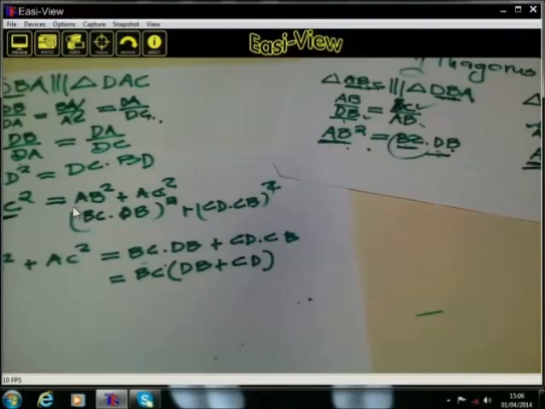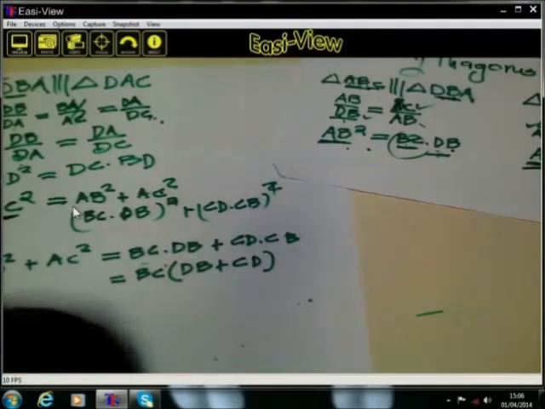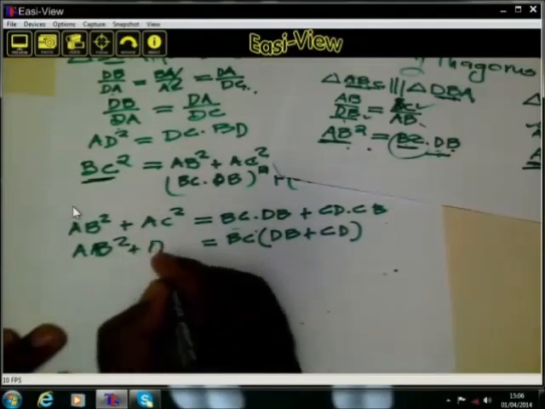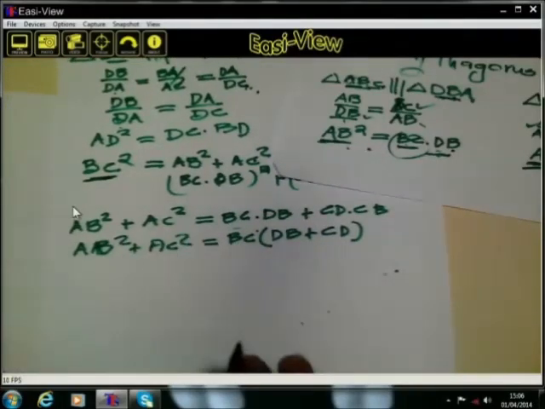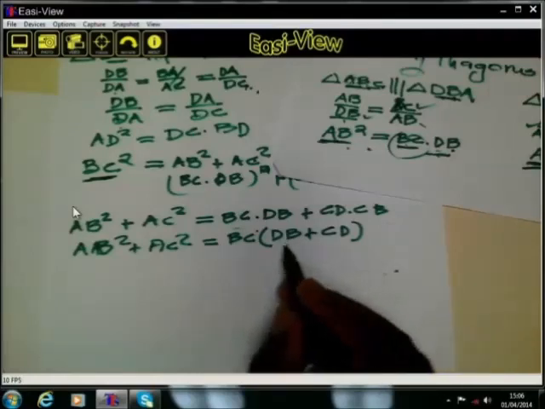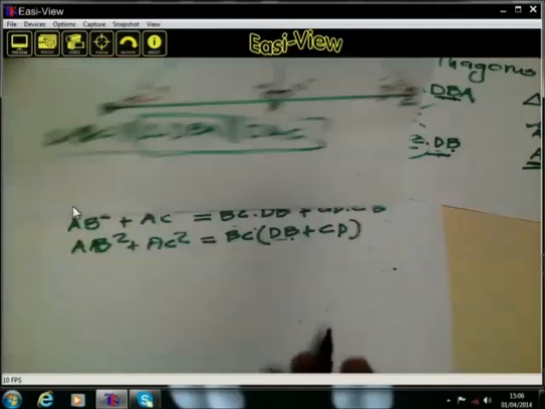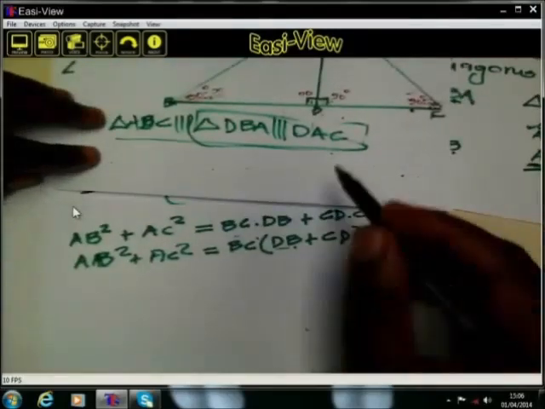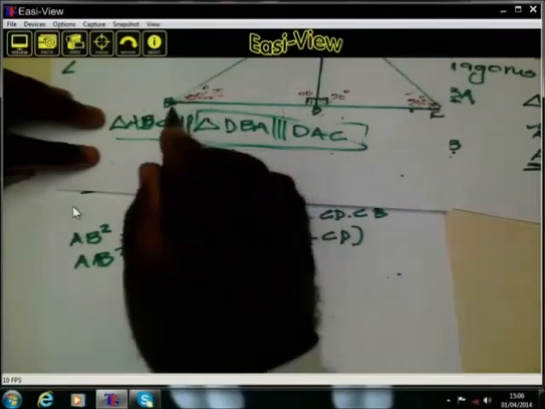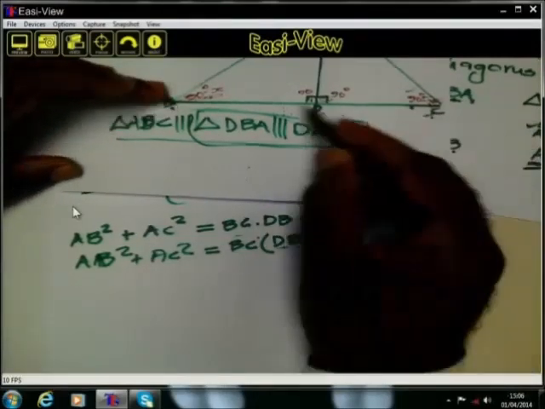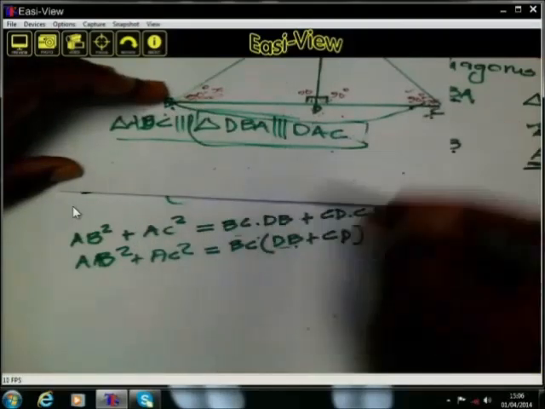But we must not forget that this is equal to AB squared plus AC squared. Let us quickly look at what DB and CB are from our triangle. DB is this, and CD is this. CD plus BD gives us BC.